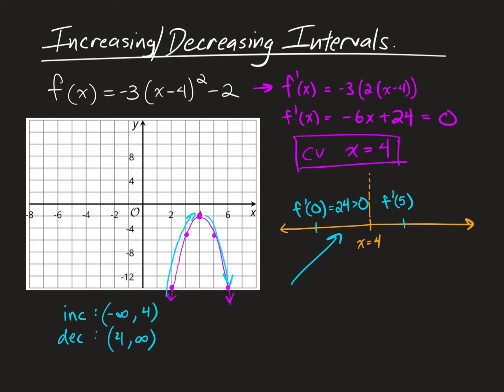If we substitute 5 in for x in the derivative, you can see that we would end up getting something like negative 6. And that is less than 0, which means the function would be decreasing to the right of 4, which again matches up with what we had on the graph and our answer. So we are using the derivative to find characteristics about the original function. How does this play into the first derivative test, though?